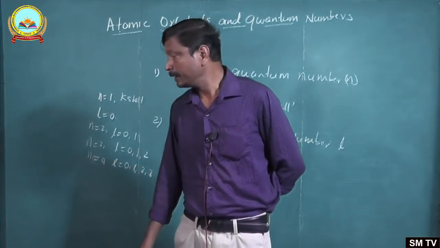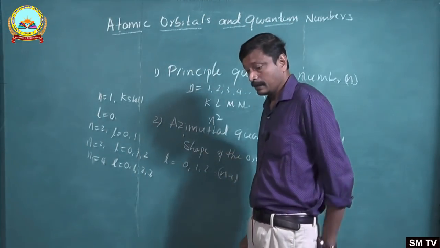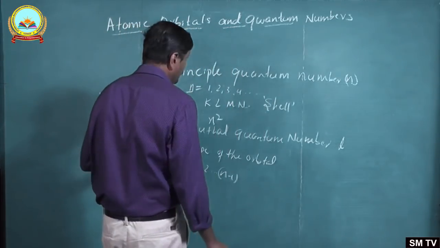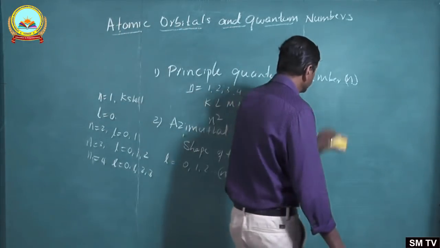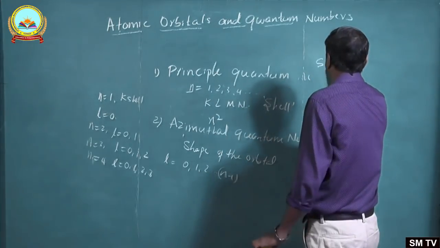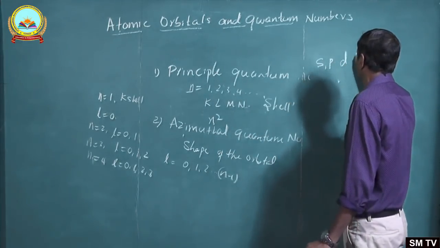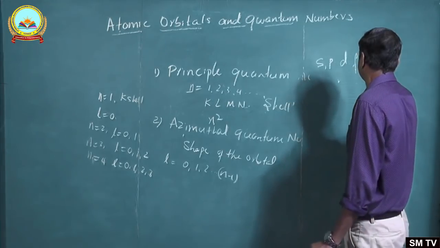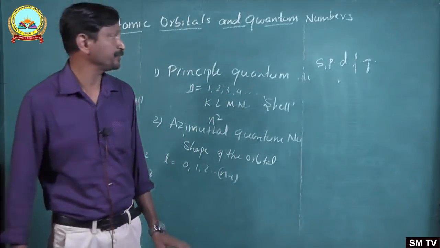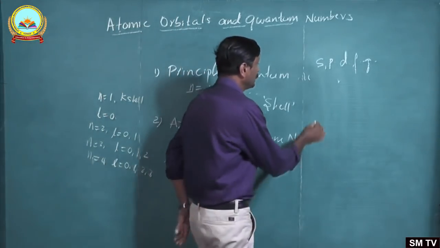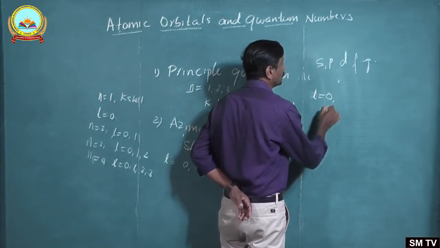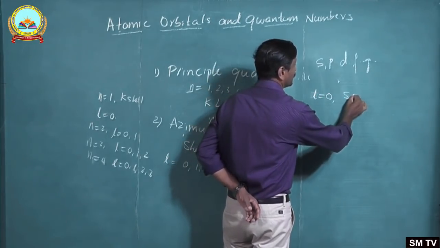Here, subshells are designated by the letters S, P, D, F, and like that, G. If L is equal to 0, that's an S subshell.